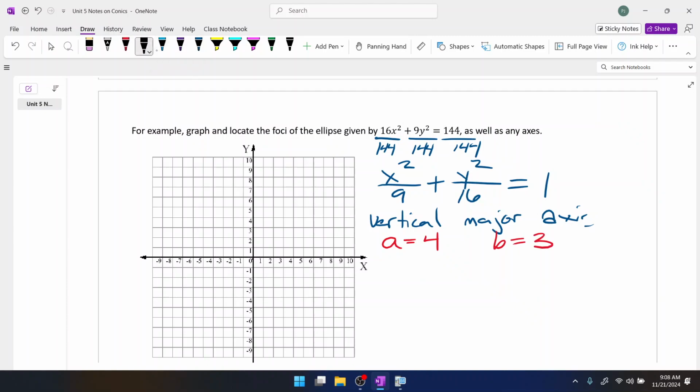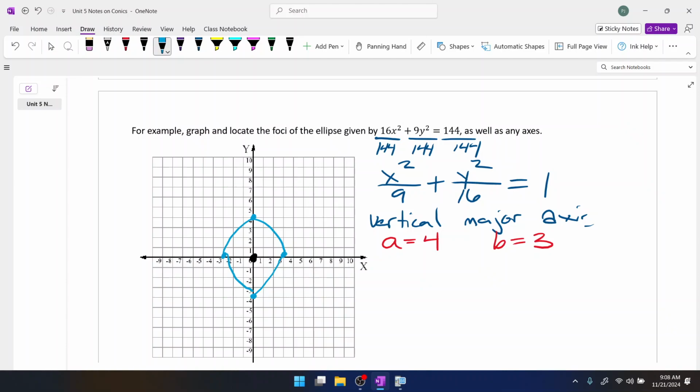So we're still going to be centered right smack dab at the origin. Since the vertical axis is going to be our major axis, you'll go 4 up and 4 down from here. And the horizontal is your minor axis. And they're going to be located 3 units from the center. And it's going to wind up looking precisely like this.